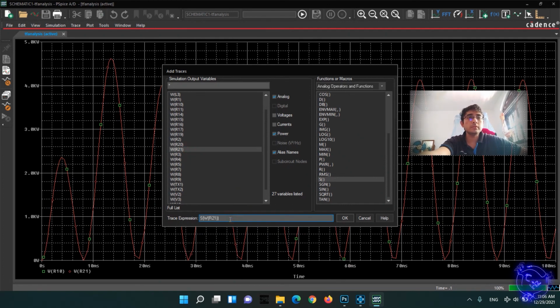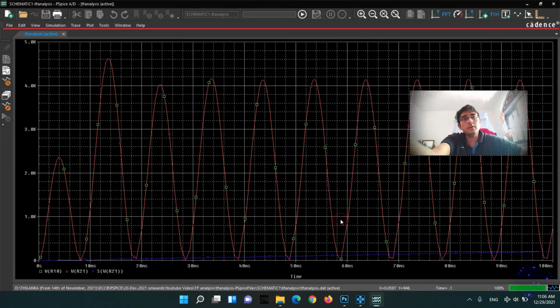Load resistor is R21, yes. This means I am integrating my power curve with respect to the parameter on the x-axis. The x-axis parameter is time. That means I am integrating my wattage power value with respect to time, which is giving energy.